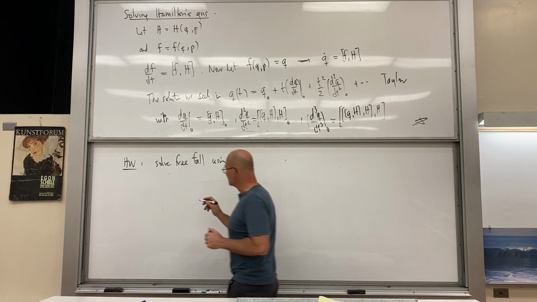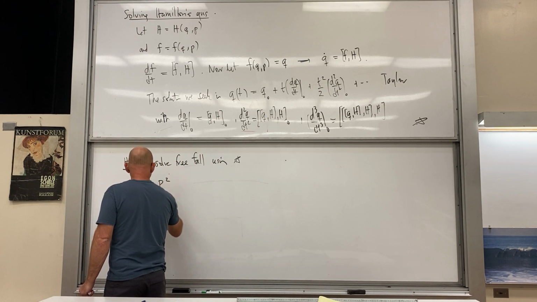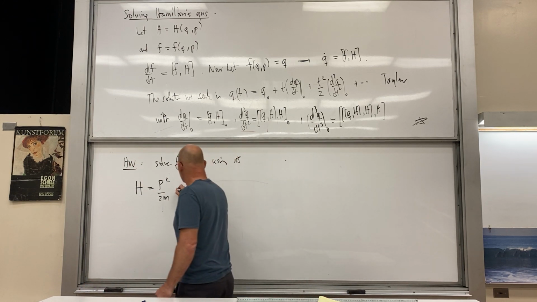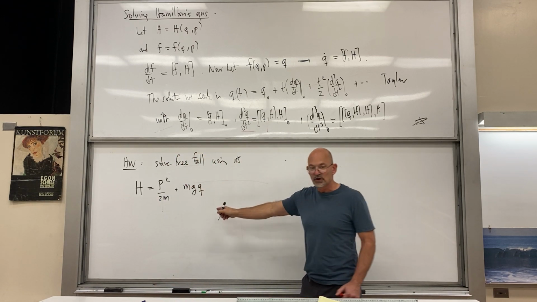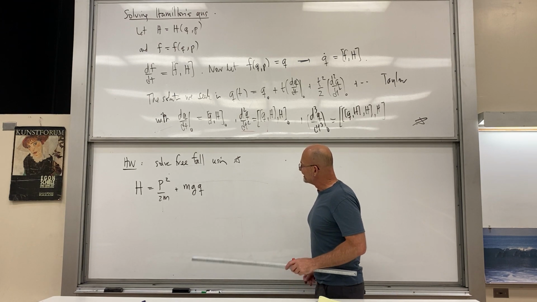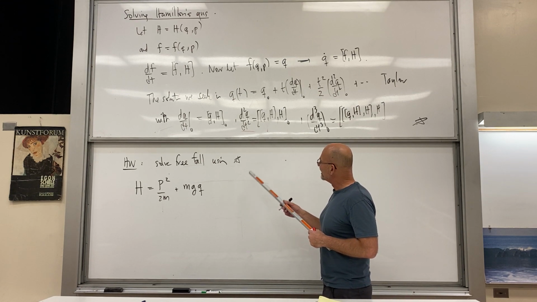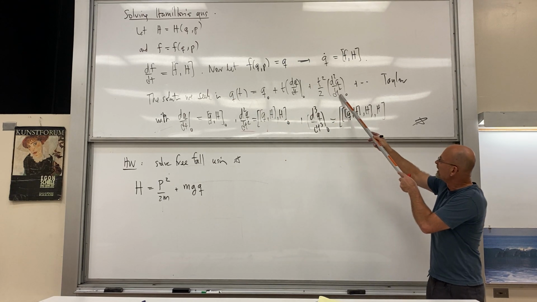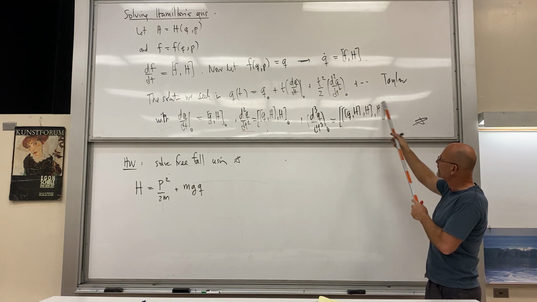And here's how this will look. H is going to be p squared over 2m, plus potential energy, which we're just going to call mgq. There's our Hamiltonian. And the nice thing is we know the solution here. So what we expect to happen is that the series will be truncated at this one here, because we know free fall just goes as t squared, and all higher ones vanish.